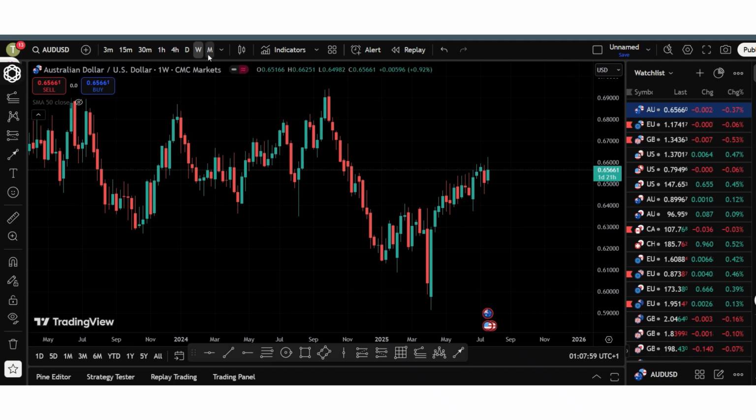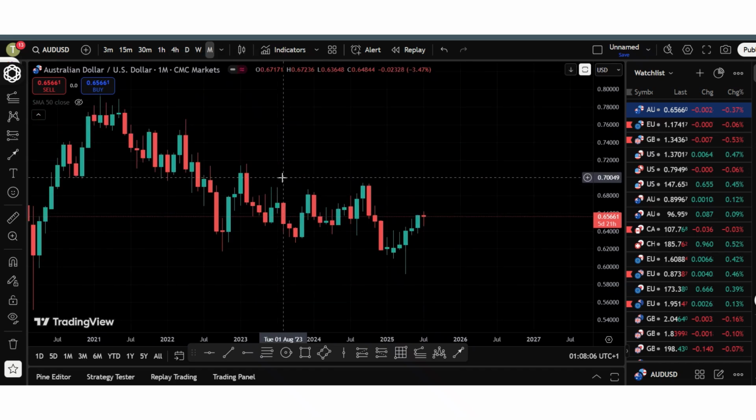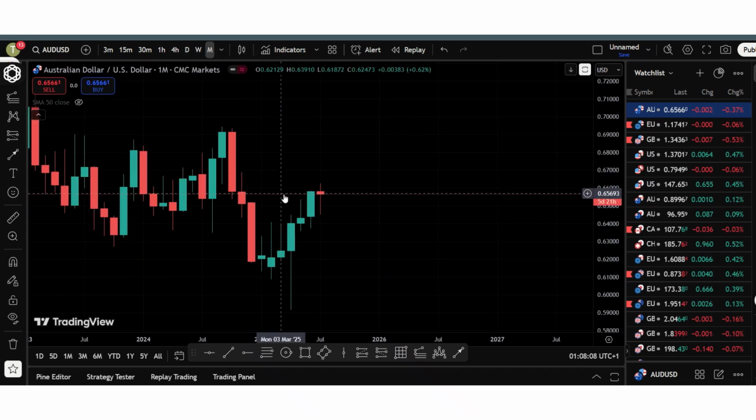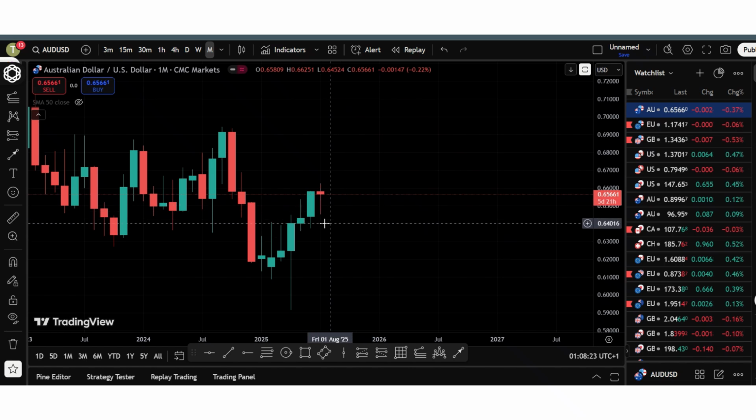So let's start our analysis from the monthly. From the monthly, we can see it is a bit bearish but bullish at the same time, because we can see a strong move to the downside and it's retracing back up.